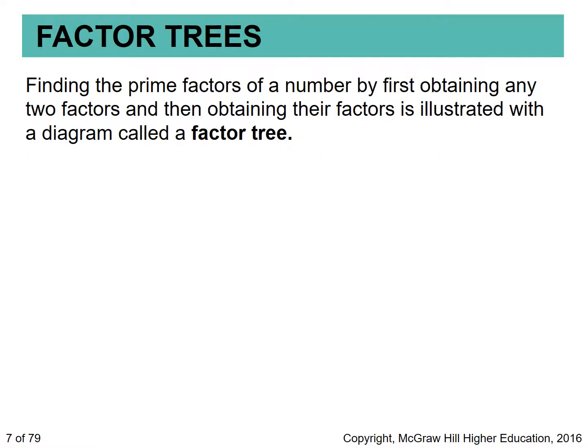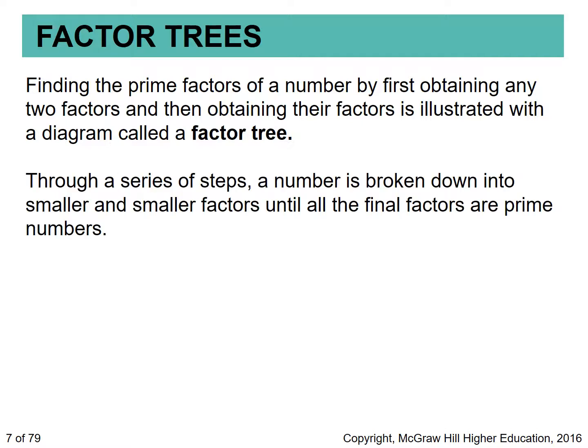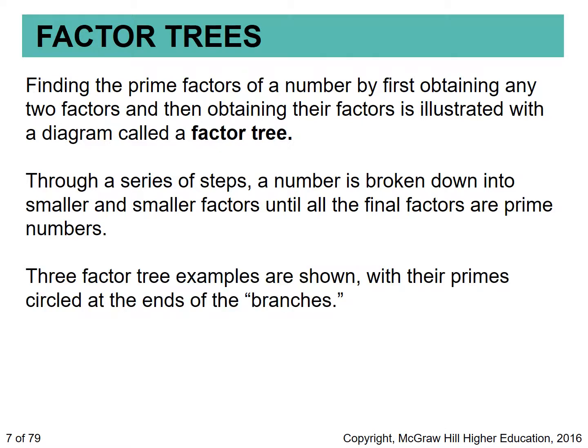Another way to find prime factorization is to use a factor tree. And so we use a series of steps. We're going to break the number down into smaller and smaller factors until all we have left are prime numbers. So we use branches. It looks like a tree because it branches out.